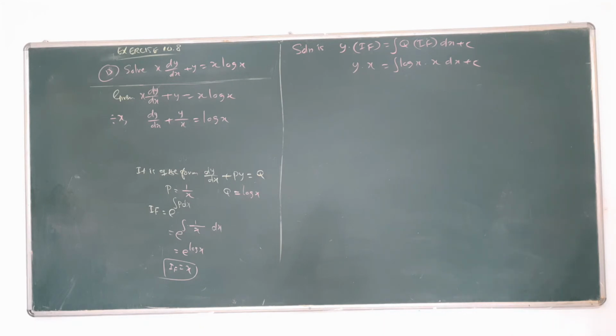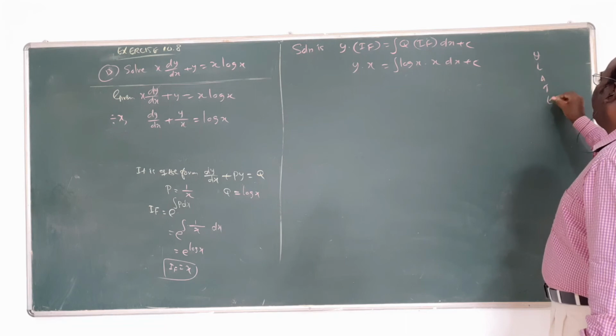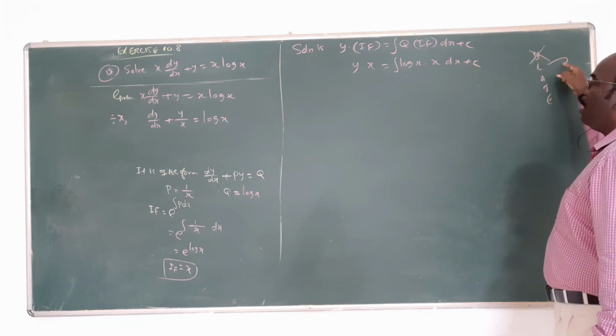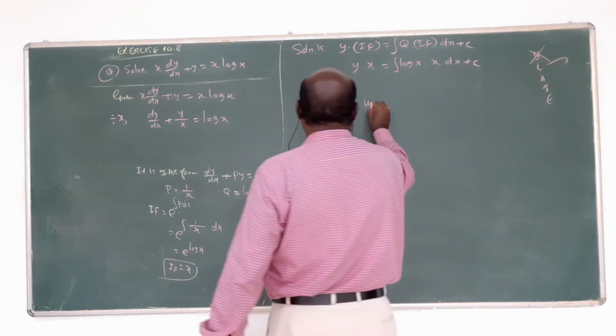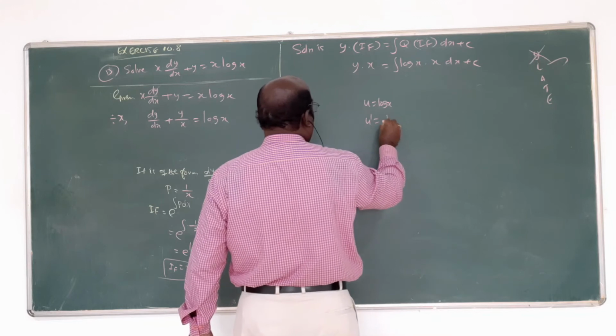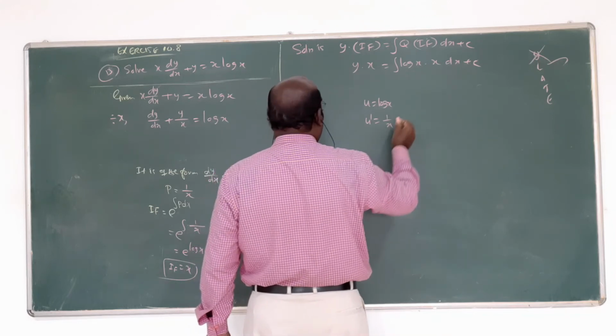Here ILATE: I for inverse, and so on. Here u is for log, so u equal to log x, and u dash is 1 by x.